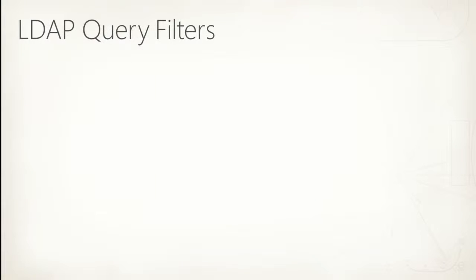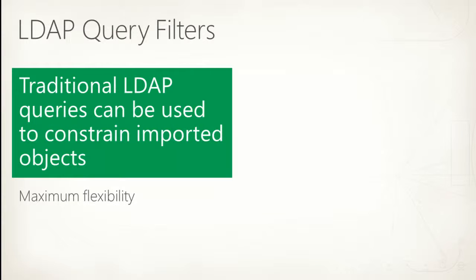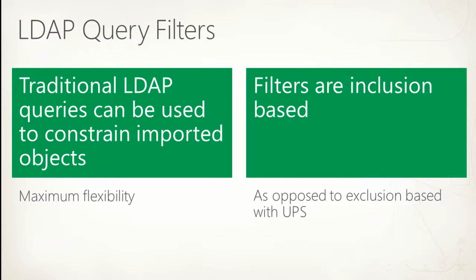And we have our query filters, or LDAP queries, so we can use a traditional LDAP query to constrain the imported objects. This gives us the maximum flexibility. But a key thing to understand with these is that they are inclusion-based, as opposed to the filters in Forefront Identity Manager, which are exclusion-based. So it's the other way around.